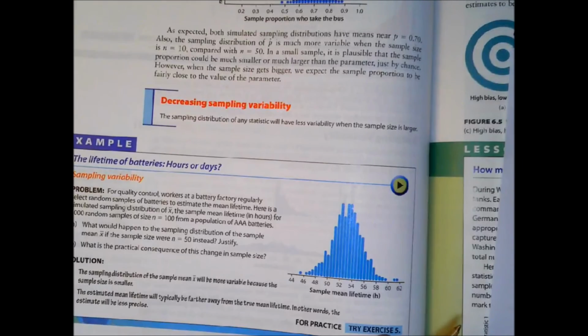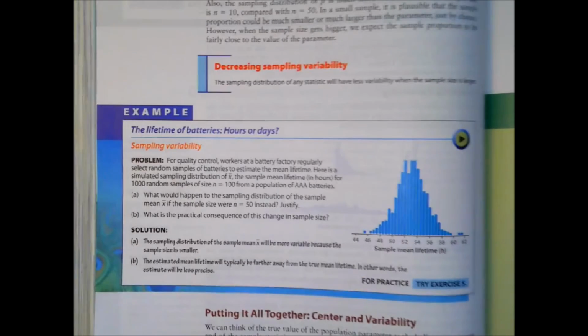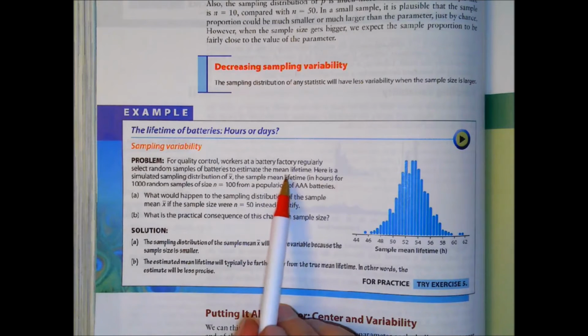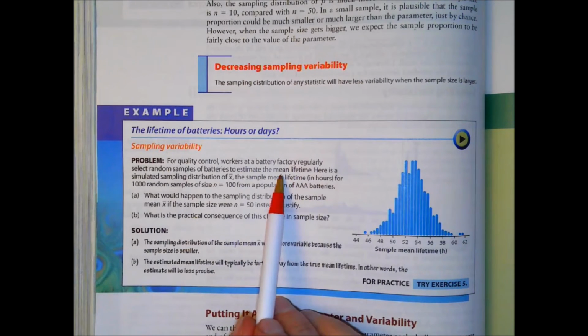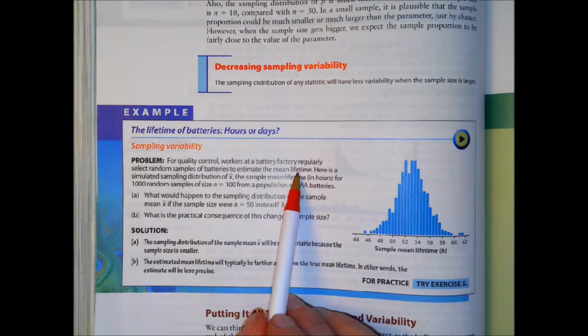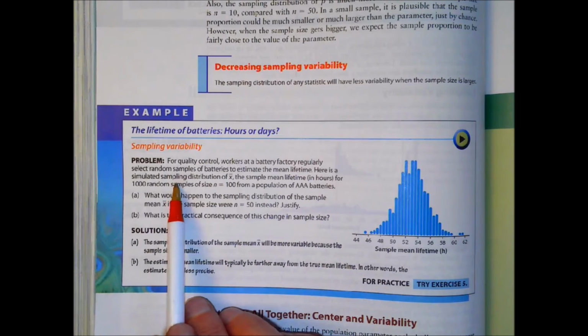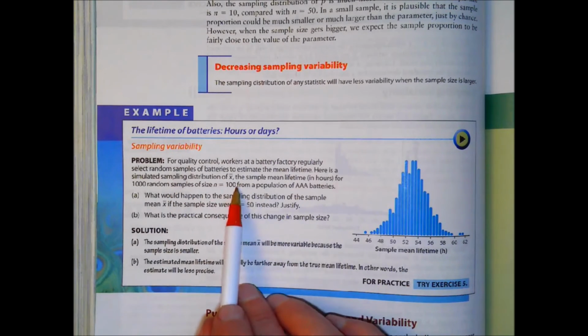Let's go back to this example here. For quality control, workers at a battery factory randomly select samples of batteries to estimate the mean lifetime. So this is our parameter, the mean lifetime. How long does a battery last on average? Here's a simulated sampling distribution of a bunch of X bars: the sample mean in hours of 1,000 random samples of 100.